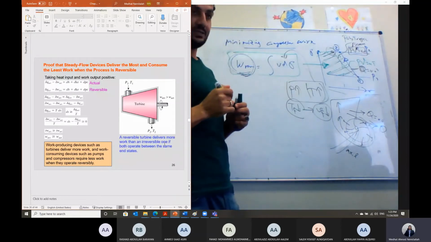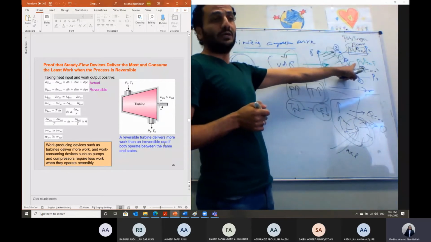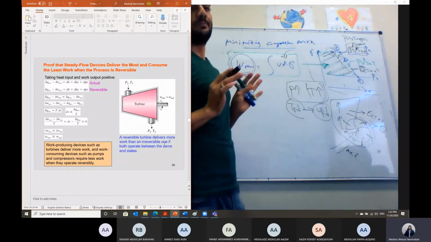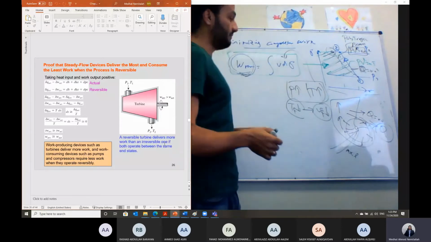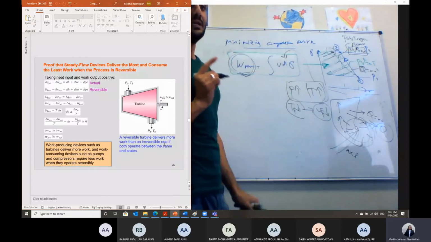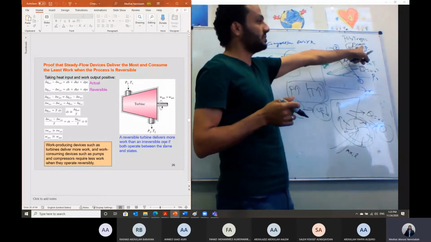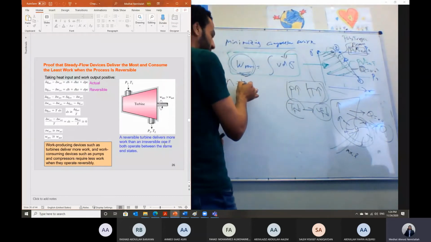And as I told you last time, the difference between polytropic and isentropic is that isentropic is adiabatic, while polytropic is not adiabatic. So the gases are allowed to exchange heat, the final temperature will be reduced, and the final volume will be reduced. For a compressor undergoing a polytropic process, PV to the power N is constant, and N in this case is not equal to K.